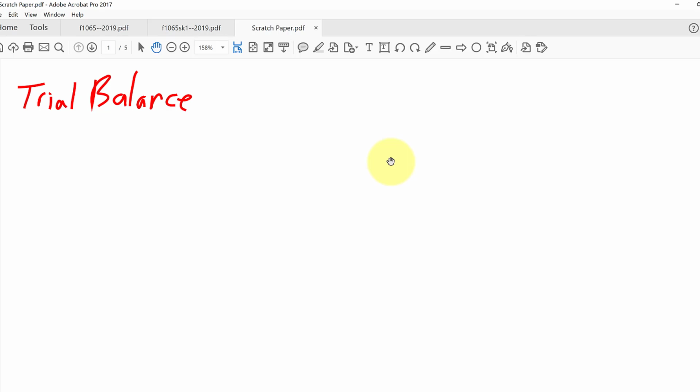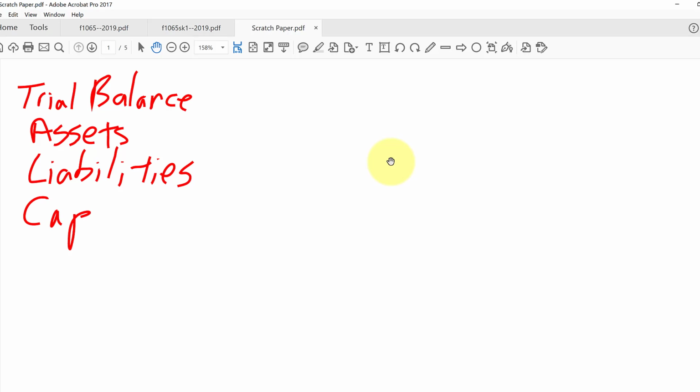In one column would be the assets with debit balances. So here's everything the company owns, specific assets. Then in the credit column, we would show liabilities owed to creditors. And then also probably in the credit column would be the capital or owner's equity, showing the interest of the owners in the company, in our case now partners in a partnership.